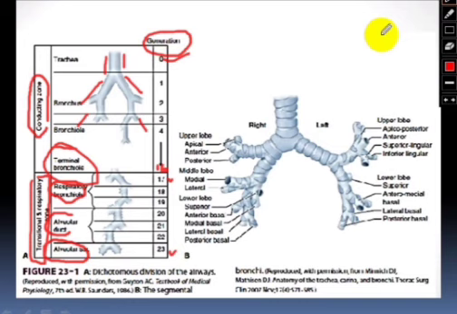These bronchi will further divide into tiny branches to form what? The bronchi will divide into sub-branches to form what? Bronchioles. Alright?